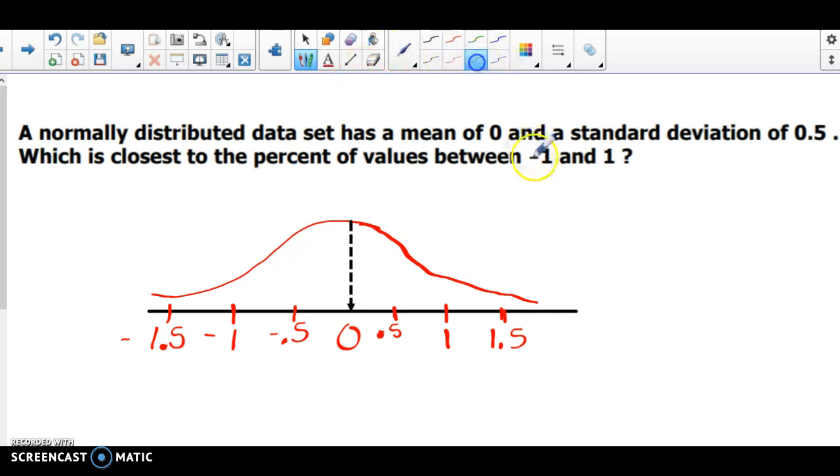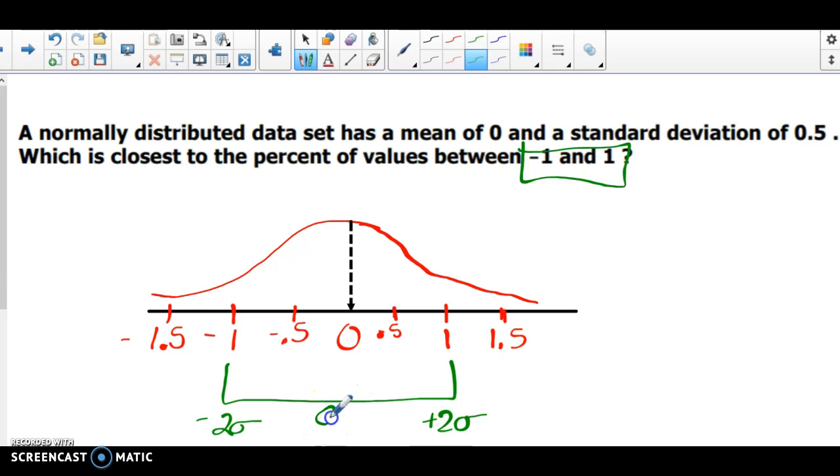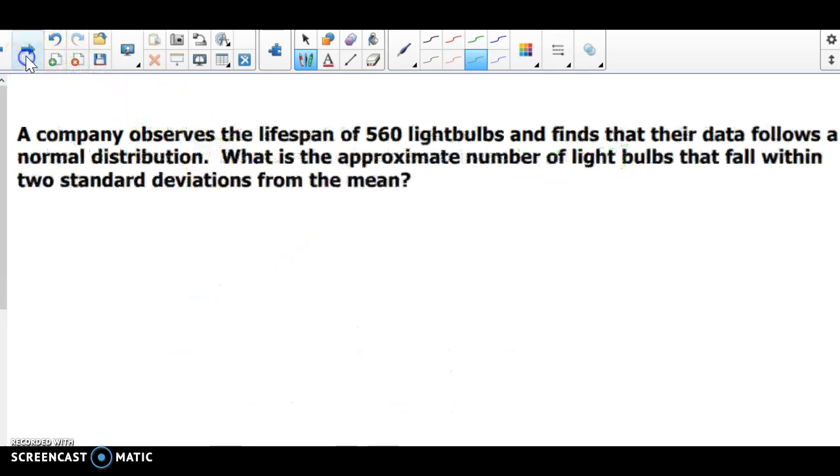And what I'm asking for is between 1 and -1. So I'm actually looking at -2 standard deviations to +2 standard deviations. And 2 standard deviations is 95%. Company observes the lifespan. Important, that's my number. If it follows a normal distribution, what's the proper number of light bulbs that will fall within 2 standard deviations?